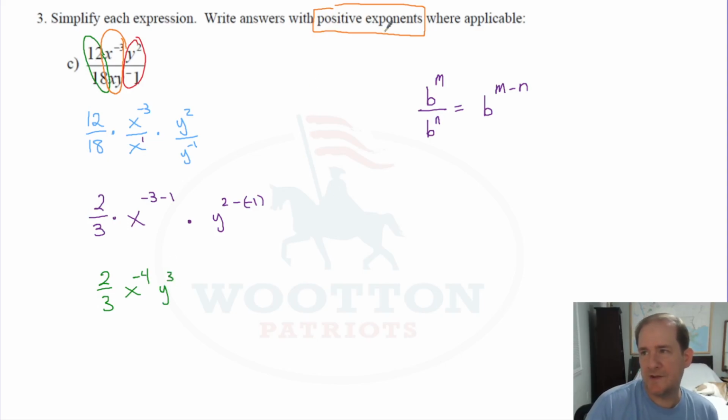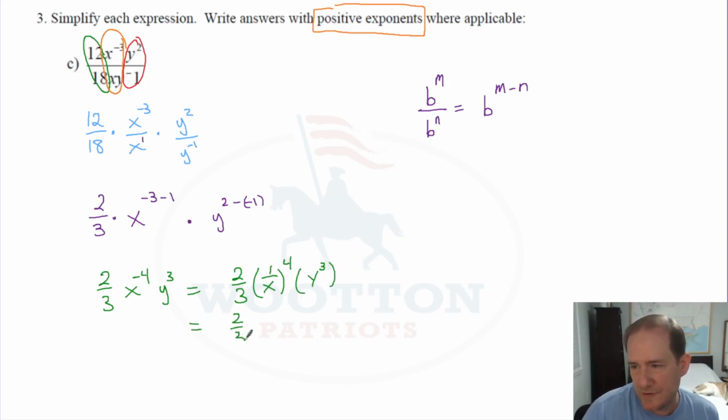Right, and again, it says up here, remember, give your answers with positive exponents only, and this x has a negative exponent. So the way you would clean that up is keep your 2/3. Negative exponents mean that you're taking the reciprocal of your base. So you'd go, okay, I guess my base is 1 over x now. And now the 4 is not negative, but positive. And then the y cubed was always fine. So that means I'm looking at a 2/3.